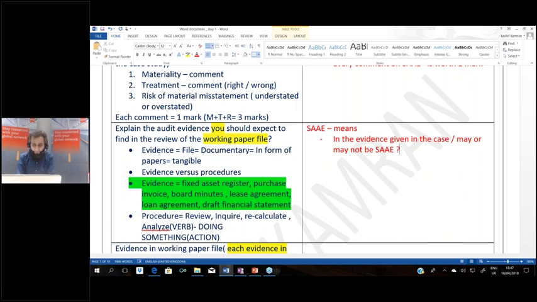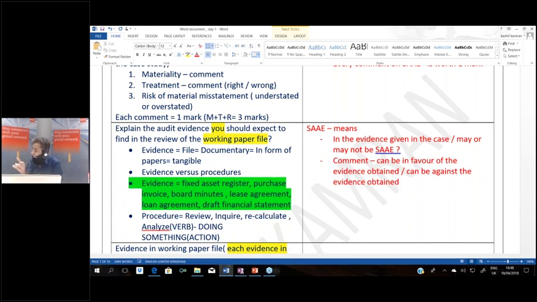So the comment can be in favor of the evidence obtained, if you think the evidence obtained was right. And the comment can be against the evidence obtained.